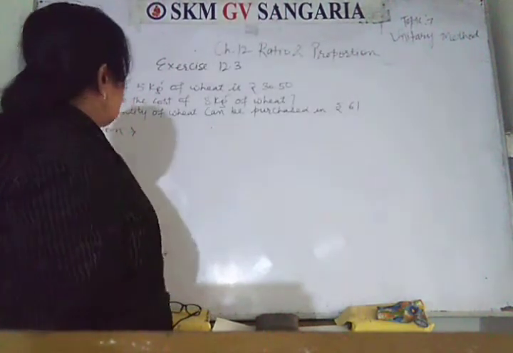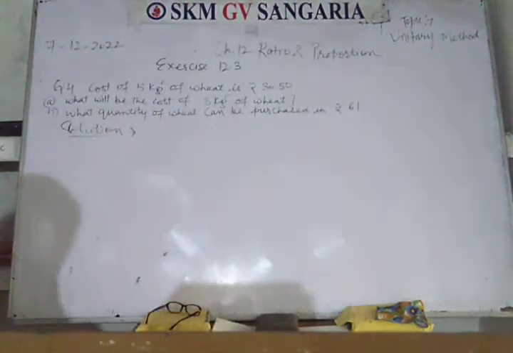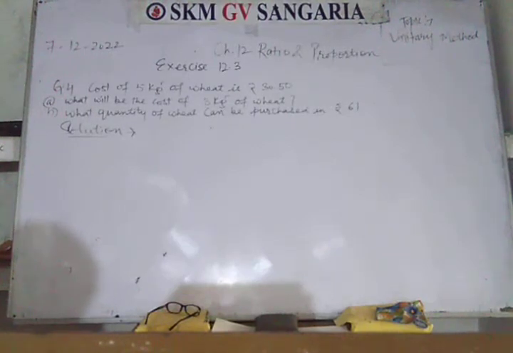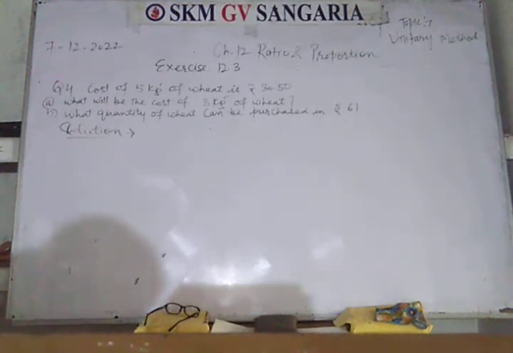In today's question, the solution: you are given the cost of 5 kg of wheat, which is rupees 30, paise 50.